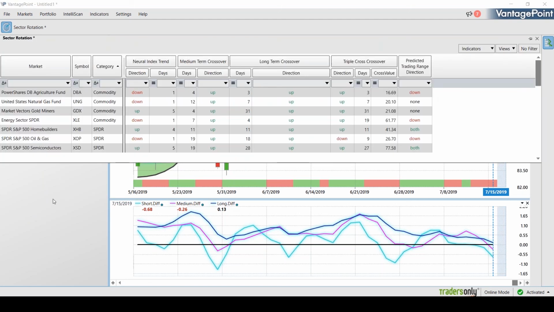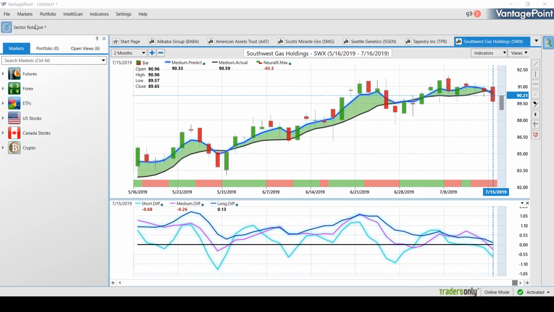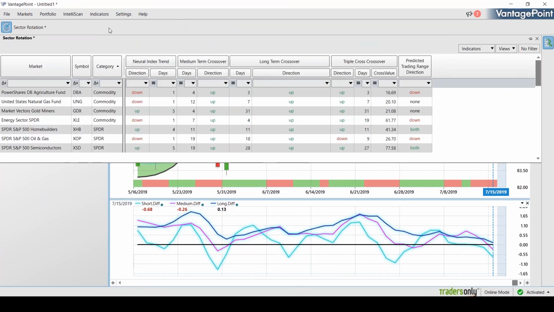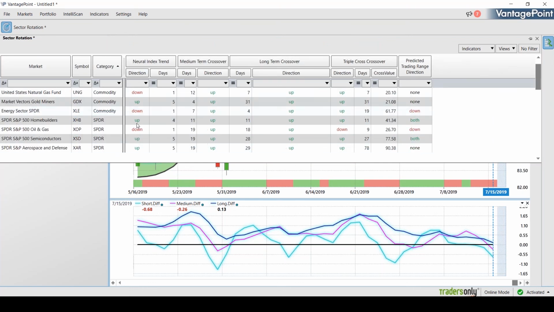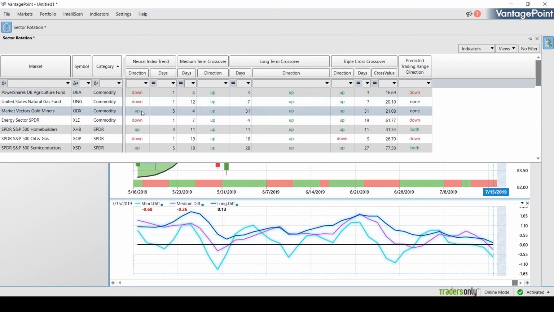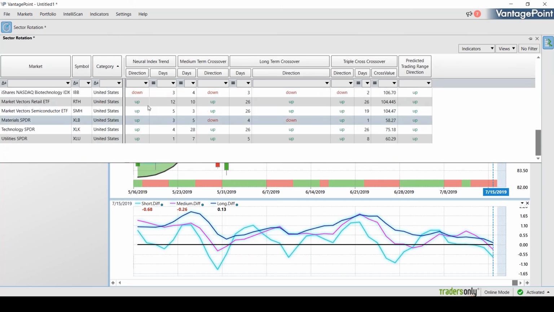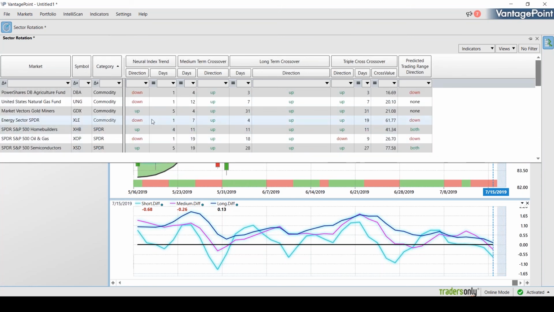Okay. So here within the sector rotation Intelliscan, here's what we've done. If you've noticed through these markets, these are all ETFs, aren't they? These are all ETFs, and what we've actually done is we've added in about 25, 26 different ETF sectors within this list. Now, why is this important?